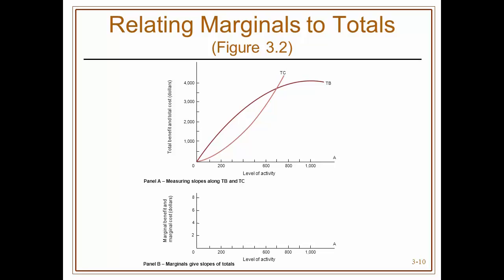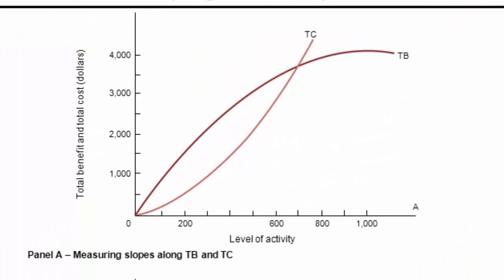And if I think about the slopes of things, I mentioned this before, the total benefit line, I can see that it starts relatively steep compared to the total cost at least. So my total benefit line is fairly steep, and as I increase my level of activity, the total benefit increases, but I can see that the slope is starting to slow down.